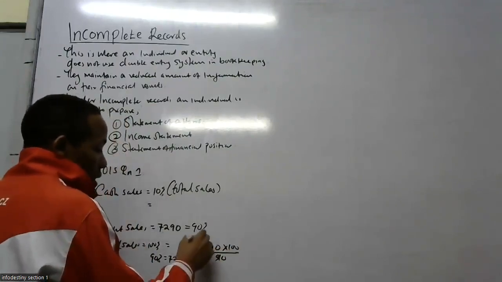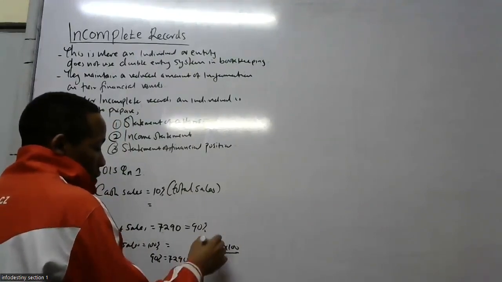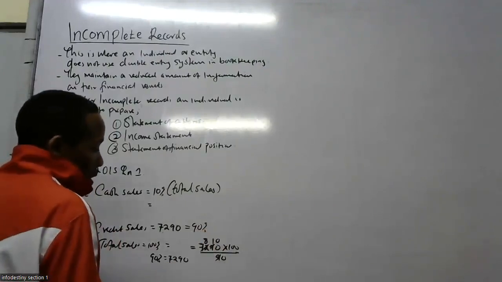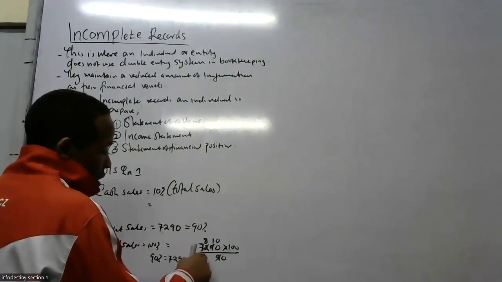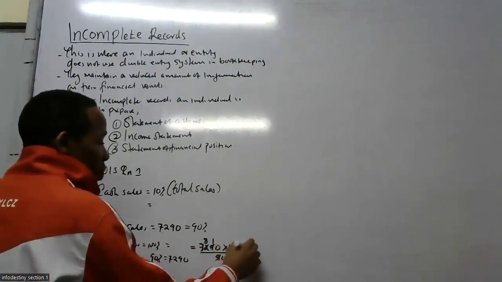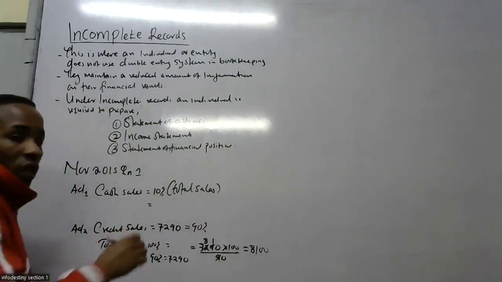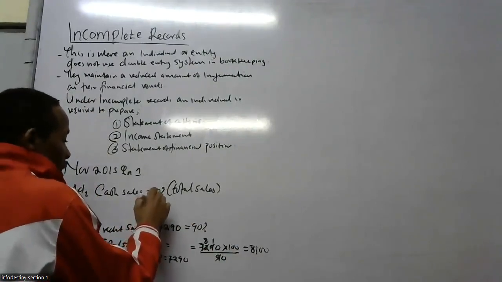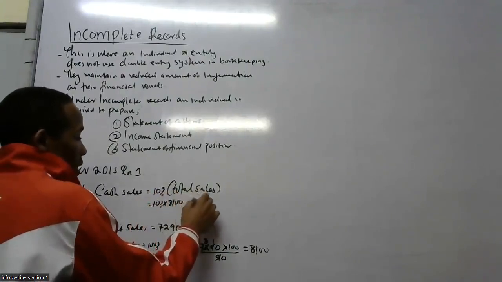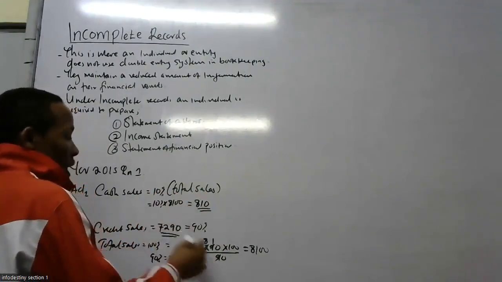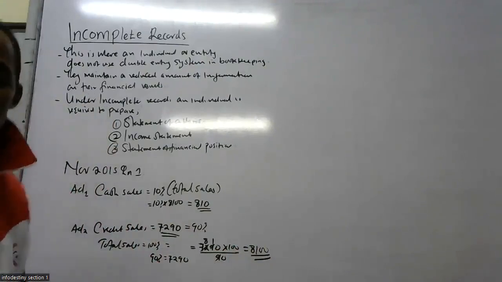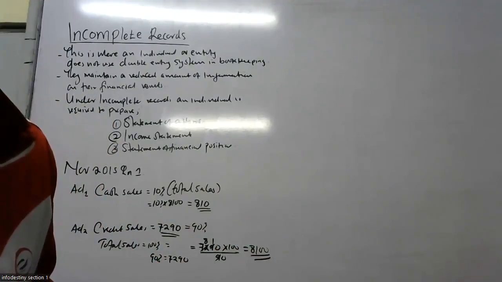That gives 8100. So the total sales is 8100, and 10% of 8100, the cash sales, will be 810.